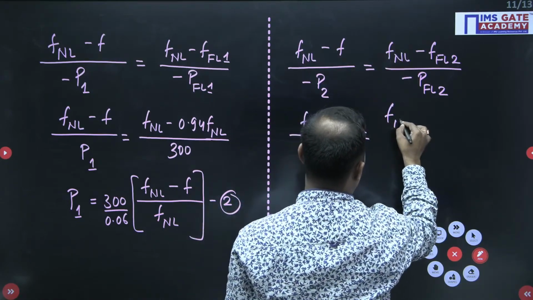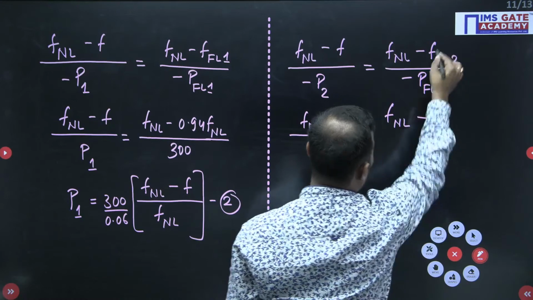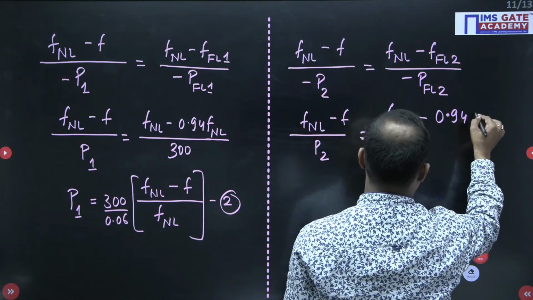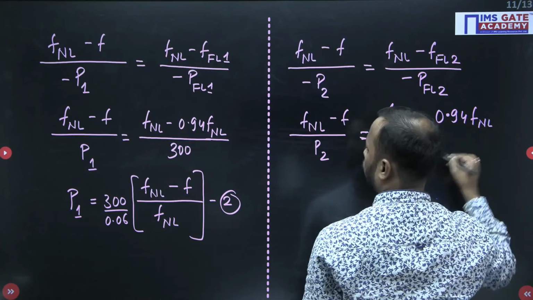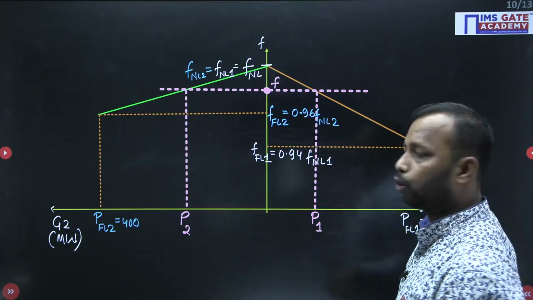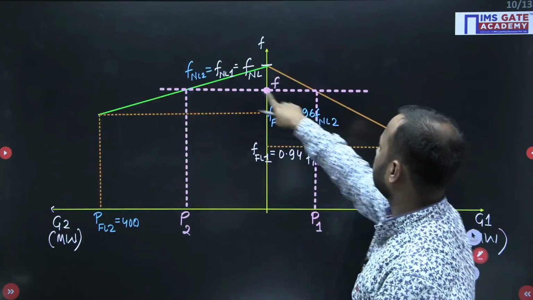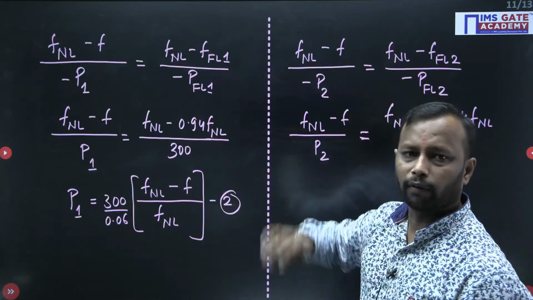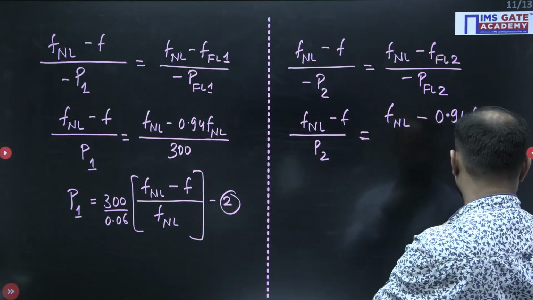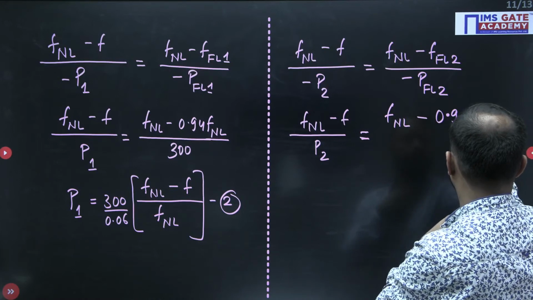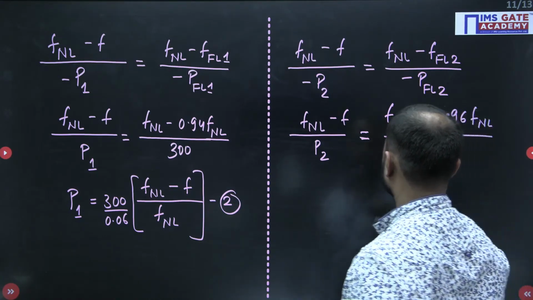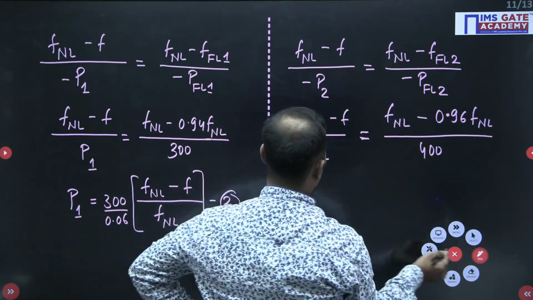F no load minus 0.96 F no load, because this value is 0.96 F no load 2, and no load 2 is nothing but the no load frequency, which are equal. Let's see. Okay, this is 0.96, extremely sorry, this divided by 400. Let's see what we get here.